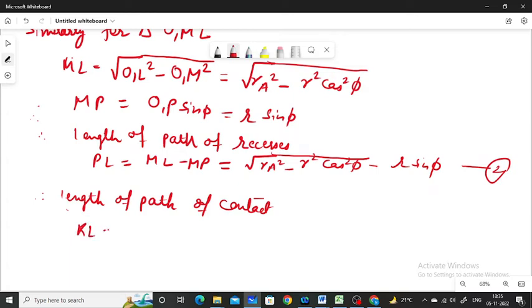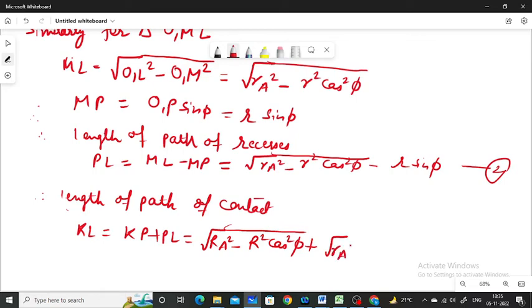It means KL equals KP plus PL, equal to under root of RA square minus R square cos square phi, plus under root of ra square minus r square cos square phi, minus, taking sin phi common, (R plus r) sin phi.